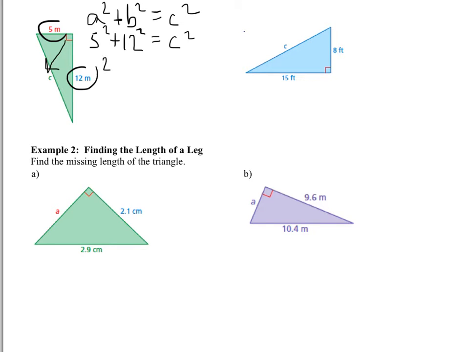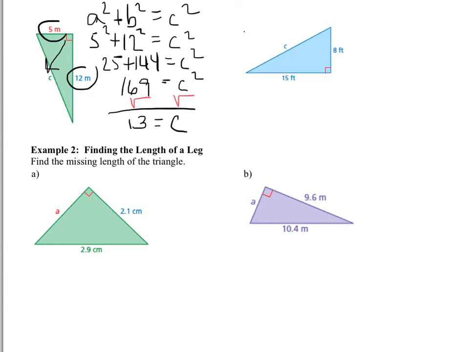So we get 25 plus 144 equals c squared. 169 when I add together those two. And again, to undo c squared, we take the square root, and we get c equals 13. So in this case, our label is 13 meters.